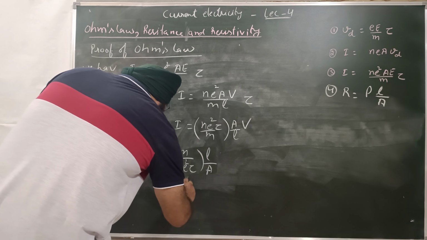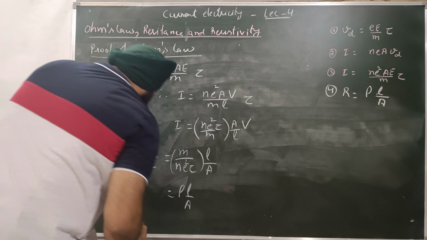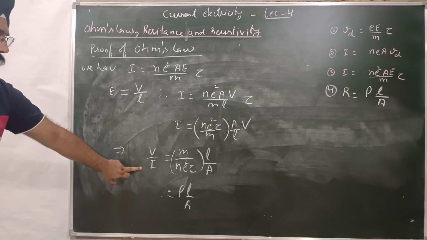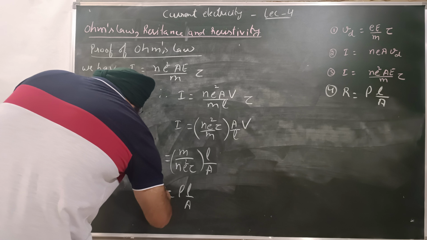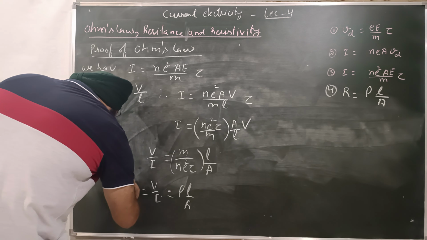Therefore V over I is equal to rho L over A.